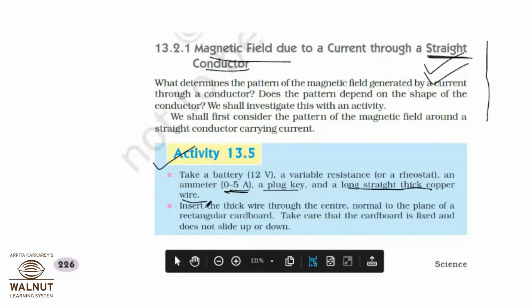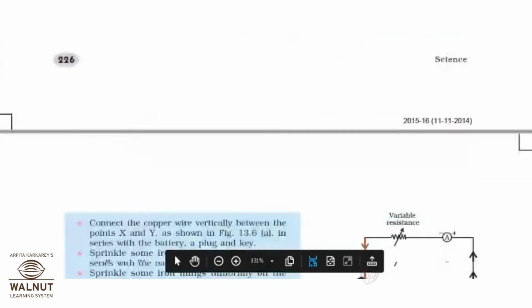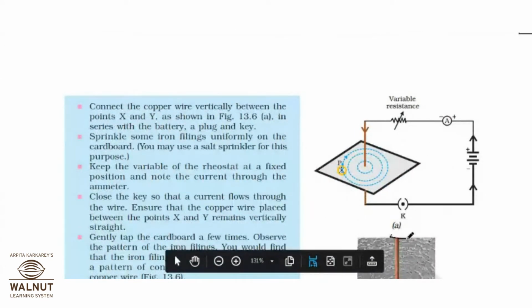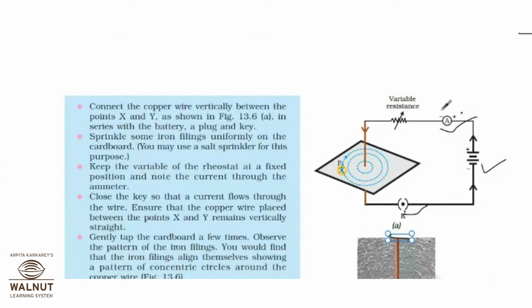Okay. Insert the thick wire through the center, normal to the plane of the rectangular cardboard. Take care that the cardboard is fixed and does not slide up or down. So you can correlate this instruction number 2 with the figure that is there, this one. Okay, there is a key, then there is a battery, ammeter is always connected in series, so you can just cross check that also.